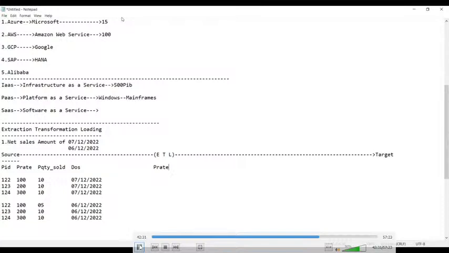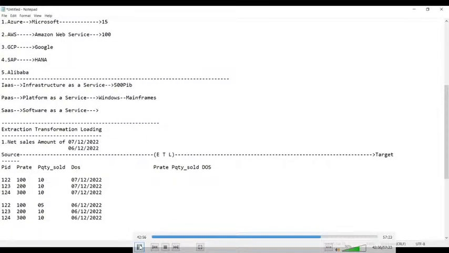Do we require the product quantity sold or not? Of course, we require it. Product quantity sold, QTY sold. Now tell me, do you require the date of sales or not? In fact, we require DOS, date of sale.